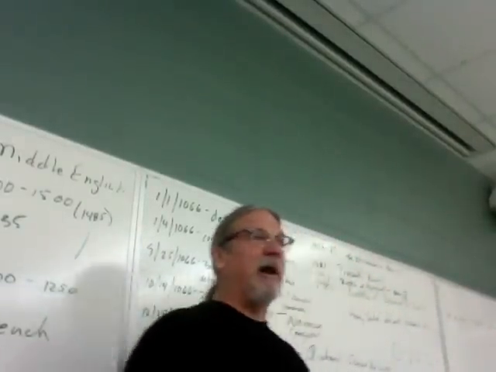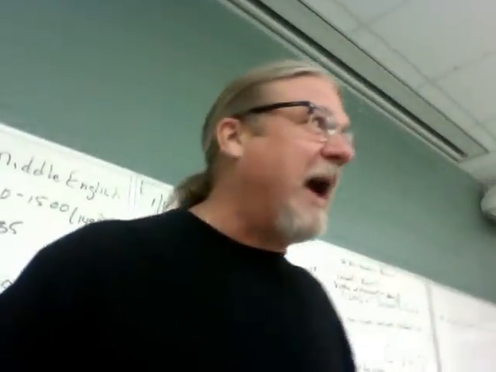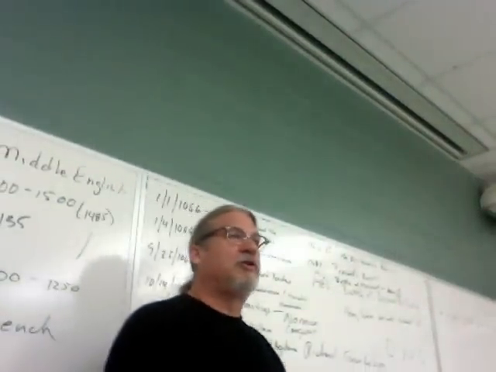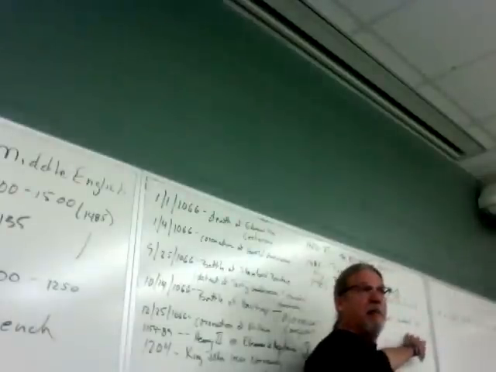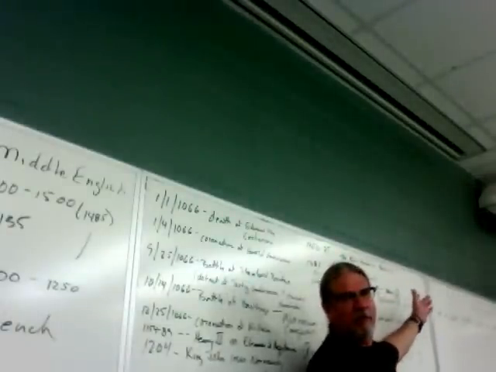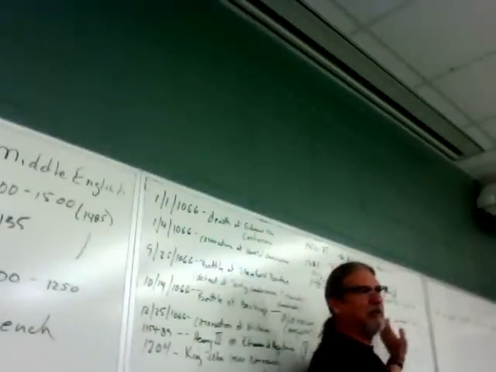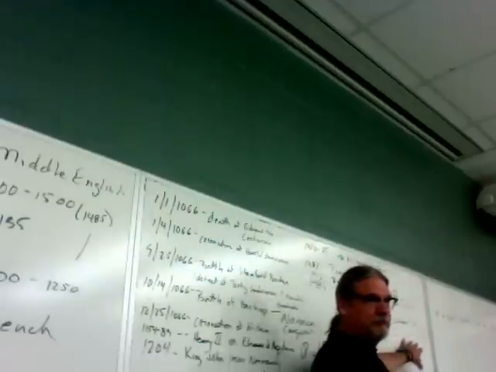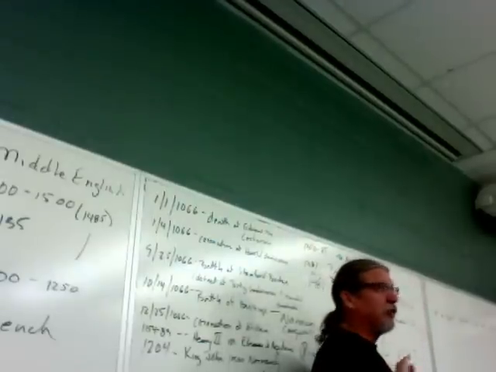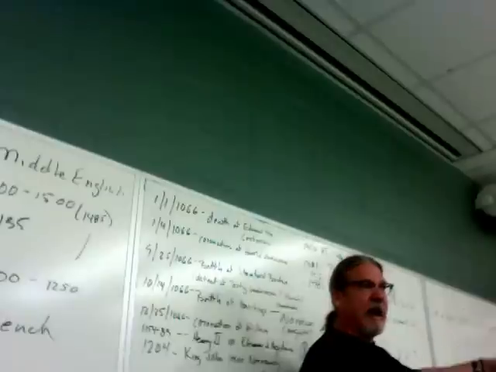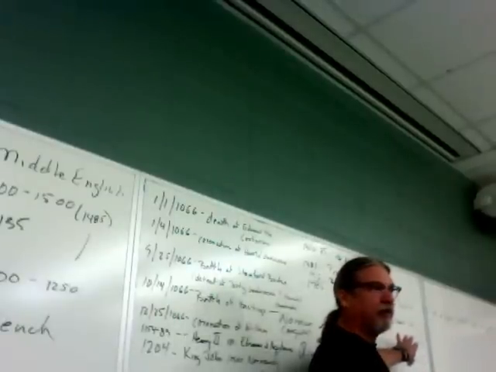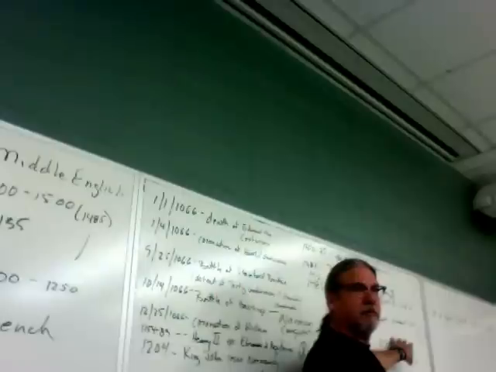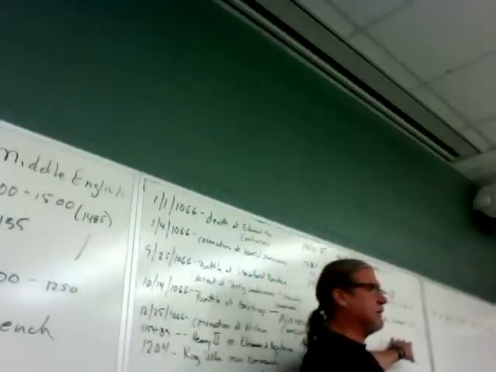OWS, Occupy Wall Street. What was it all about? Dirty, greedy SOBs at the top versus the 1%, supposedly. It's all a bunch of BS, by the way. Versus the 99%. The reason I say it's all a bunch of BS: a study was recently done, and the average income of the Wall Street protesters is in the 70s.